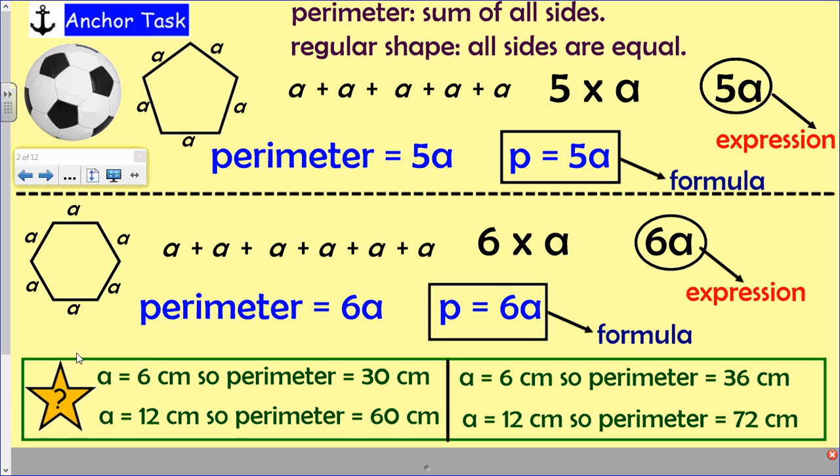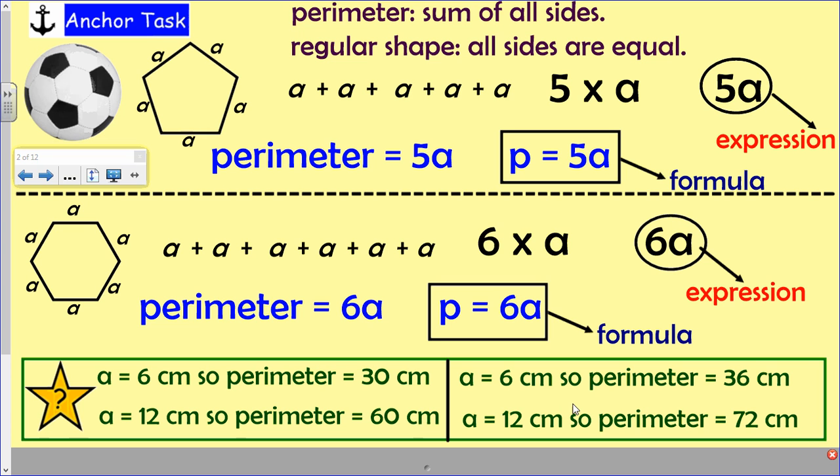So if A is 6 centimeters, the perimeter would be 30 centimeters for our pentagon. Okay, 6 times 5 is 30. If A was 12 centimeters on our pentagon, so 12 times 5, the perimeter is 60.